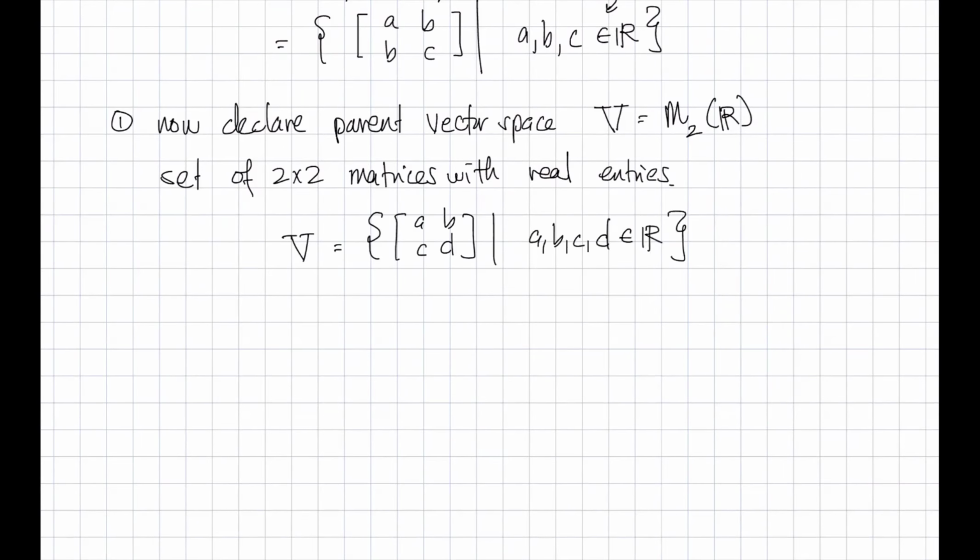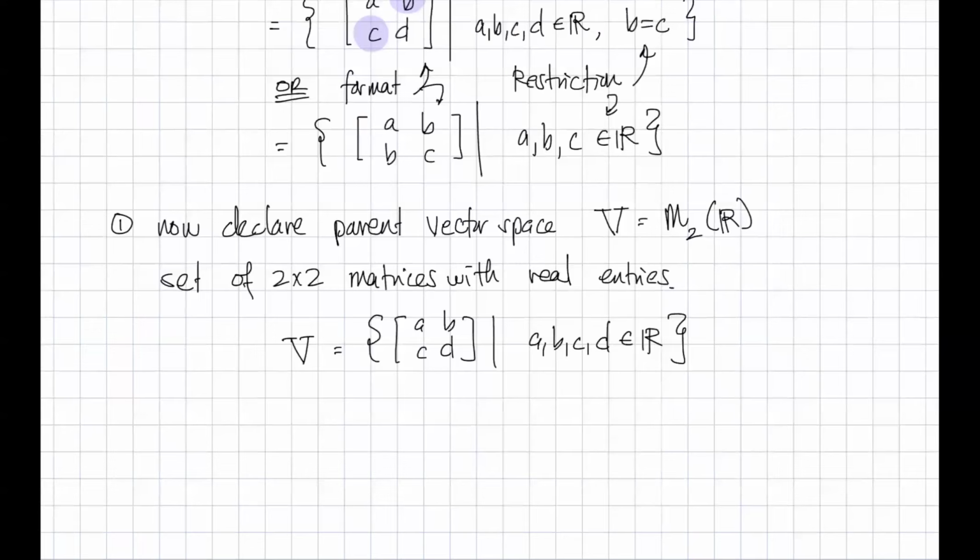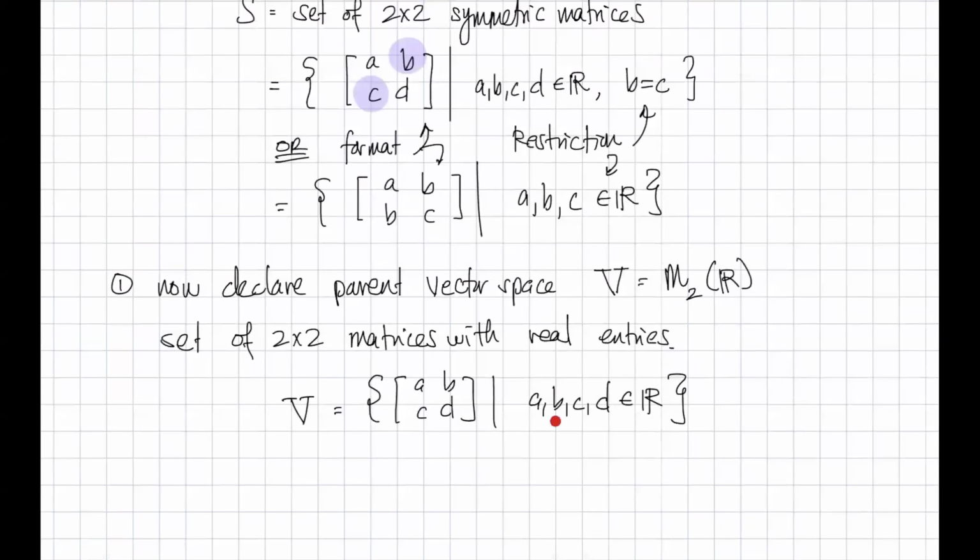And to the untrained eye, it looks very similar to what I wrote up above, right? A 2 by 2 matrix and all the entries are real. But when I write it this way, because I wrote both of these positions as being B, I am subtly stating that these two have to be equal to one another. That's the requirement. And if you go back up here, that's really the difference between what I'm writing down here for the parent space and what I'm writing up here.